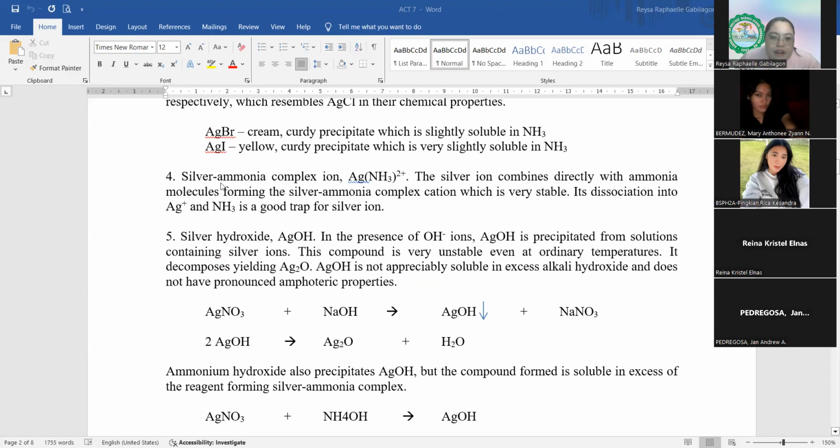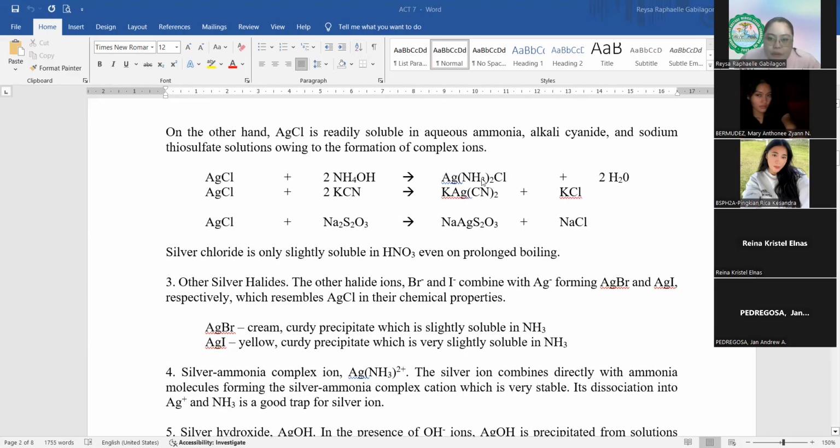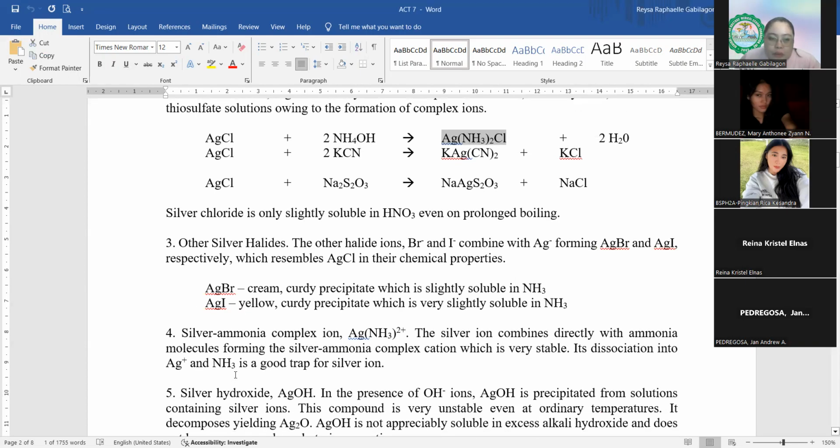Now, this silver ammonia complex is what was formed here. If you put silver chloride in ammonia or ammonium hydroxide, you will produce the silver ammonia complex. Okay, so silver and then the ammonia. This one is a very stable complex between silver and ammonia.